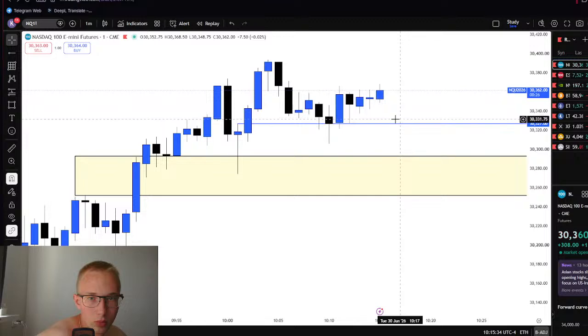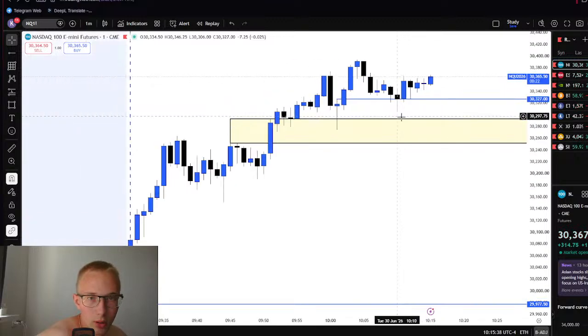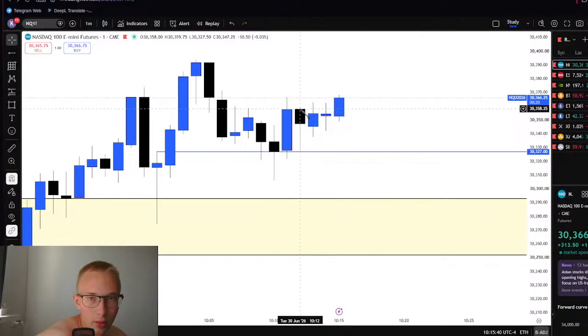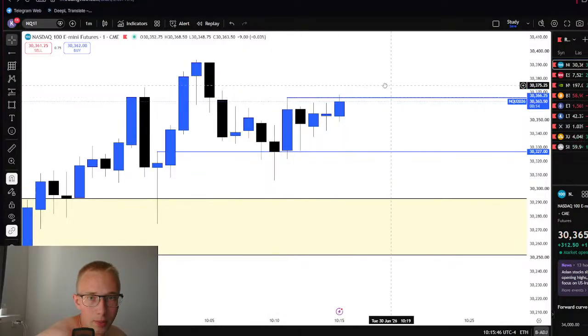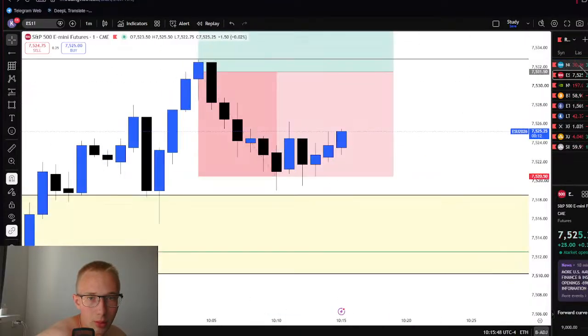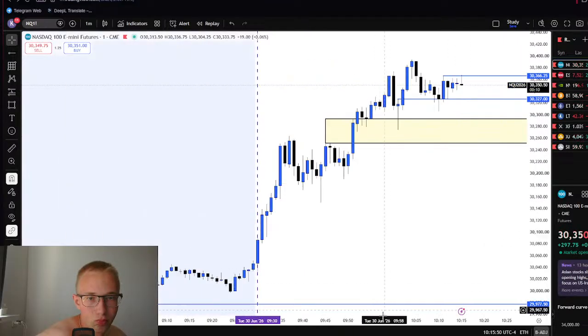Who is drilling? I don't know who is drilling now. Okay, we broke the structure technically. If we break this structure to the upside, that could be a possible entry, but let's see if we break.